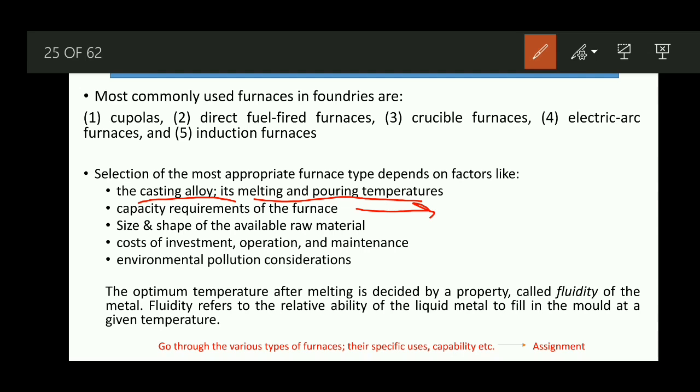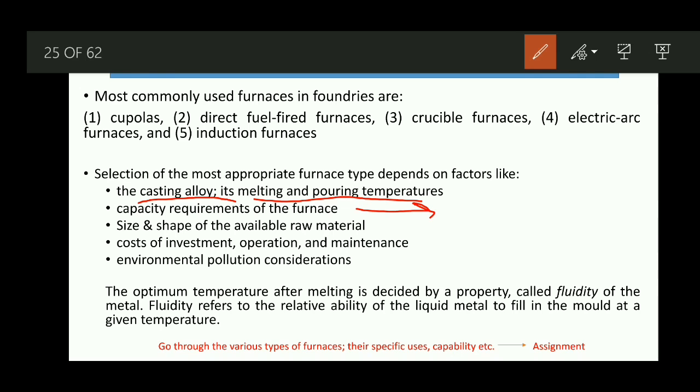It depends on how much molten metal we want and what the production rate is. If we need a particular capacity, then we have to go for a type which is suitable for it.